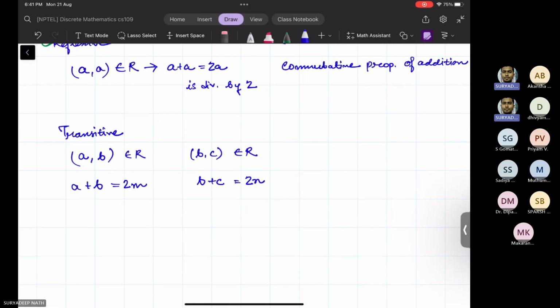Now tell me, what about A plus C? Whether it is divisible by 2 or not. What do you think A plus C will be? Can anyone take a guess?